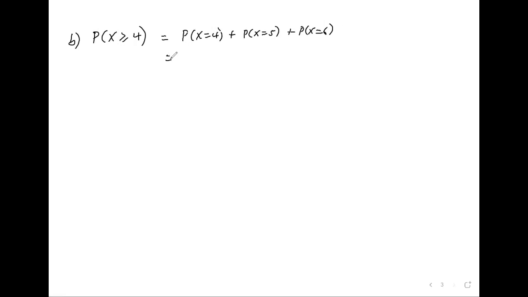So that probability to get from the PDF, not the CDF, just from the PDF: 4 is 0.4 plus 5 is 0.15 plus 6 is 0.05. Altogether we get 0.55 plus 0.05. This is 0.60.